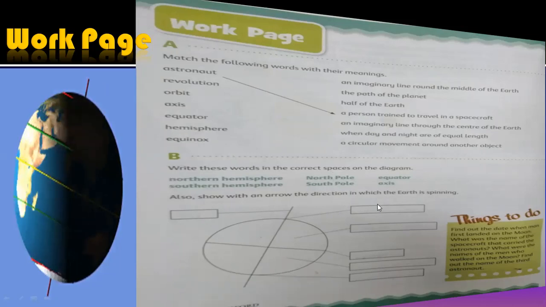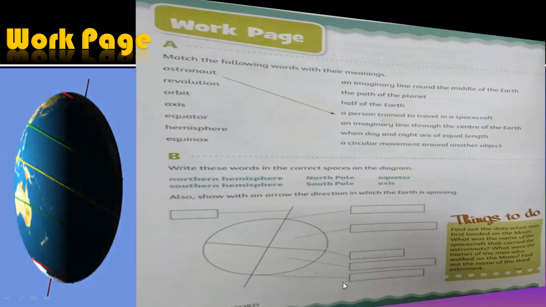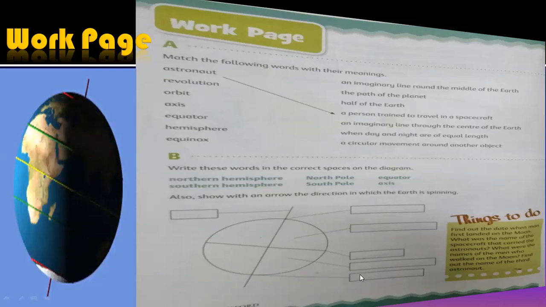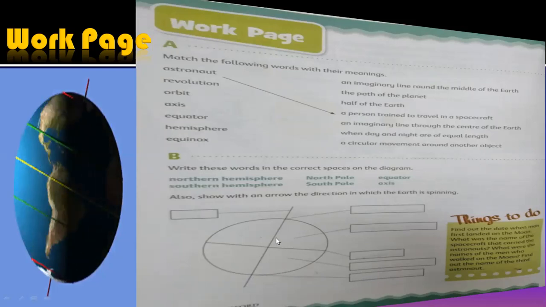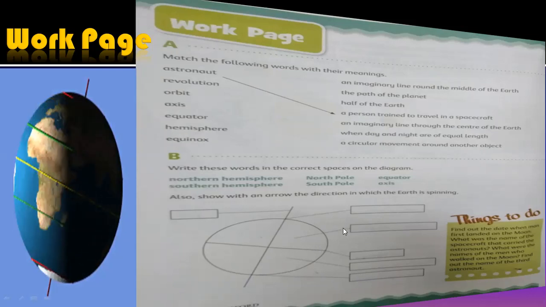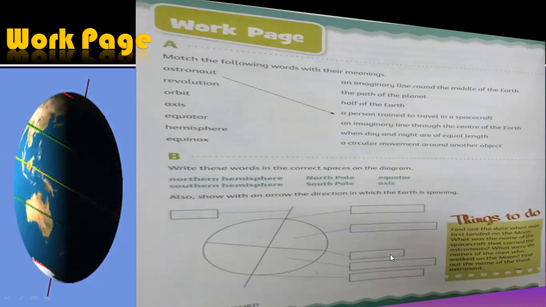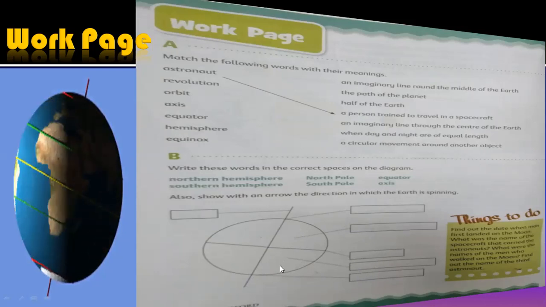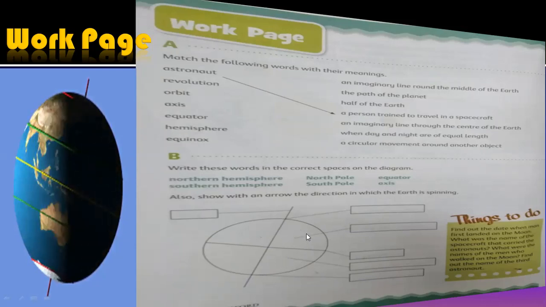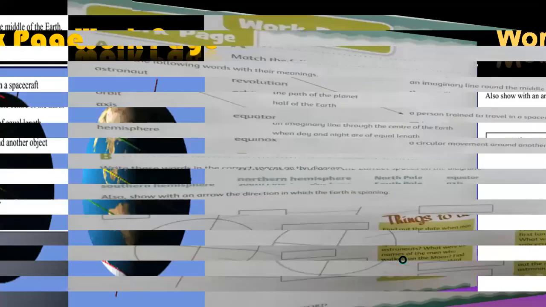Up over there, this is called north pole, and down, south pole. And in the middle, we have an imaginary line. It is called equator. And these are the half parts, which is northern hemisphere here, and down, southern hemisphere.